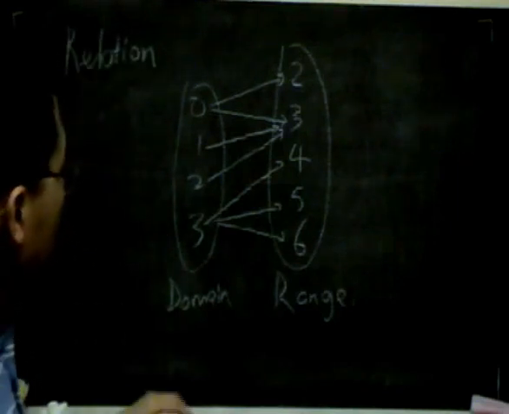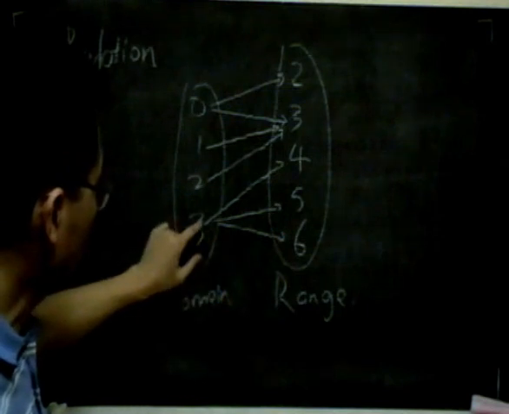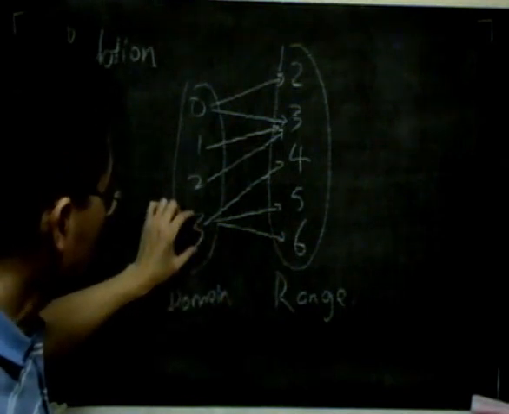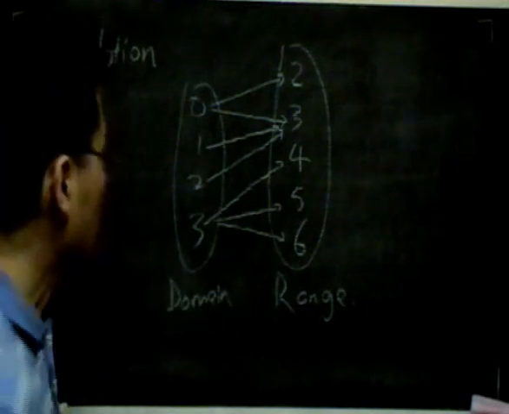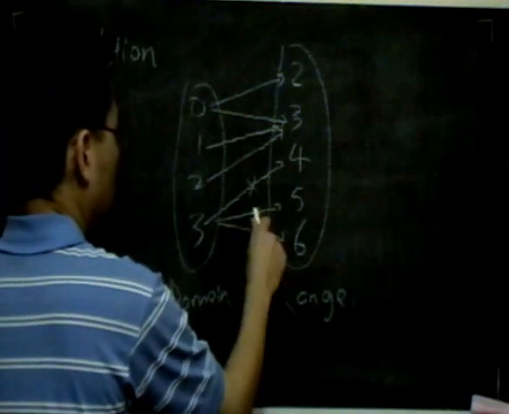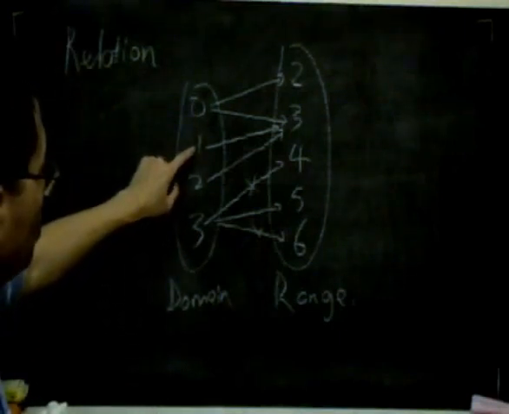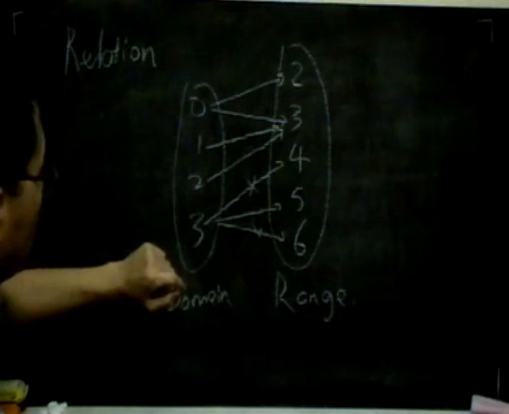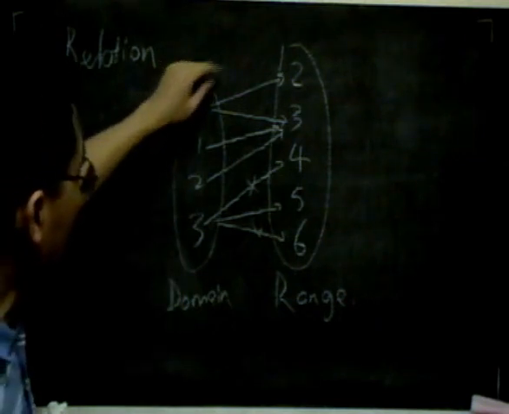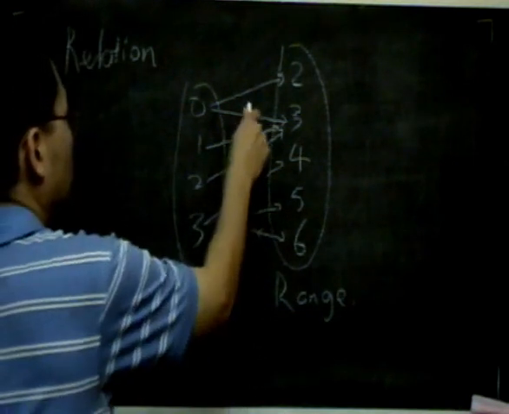So in a function, for example, this is not allowed. This relation of 3 to all of 4, 5 and 6, this is not allowed in a function. The relation from 0 to both 2 and 3, that's not allowed either.